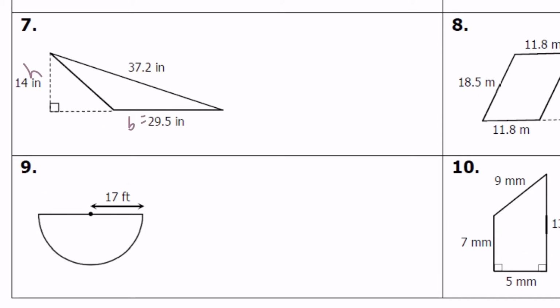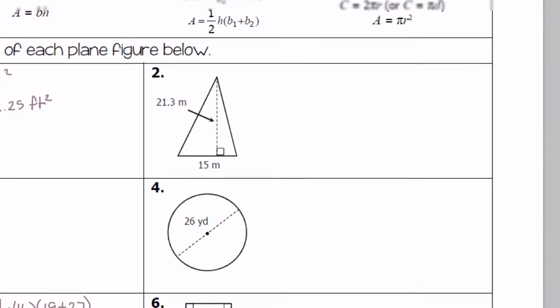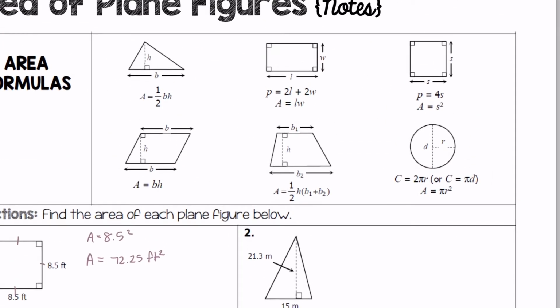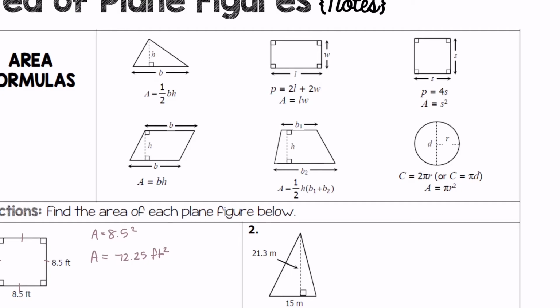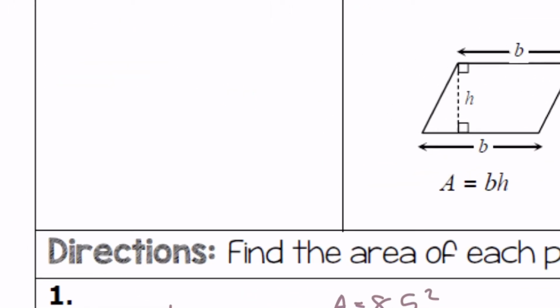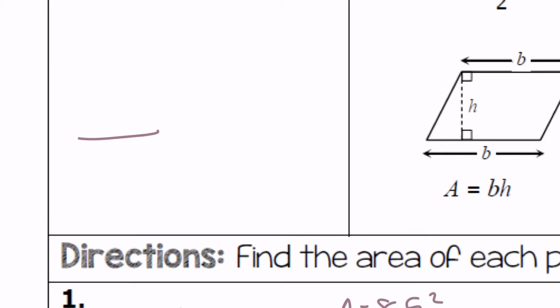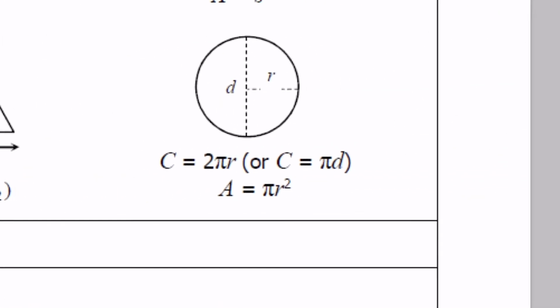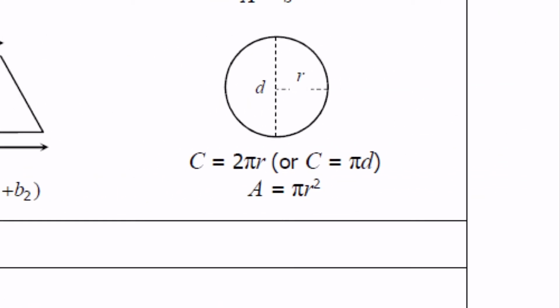On number 9, notice how up top here we don't have a formula for a half circle. However, hopefully it's a little bit of common sense that the formula for the area of a half circle is equal to 1/2 of the formula for a regular circle.